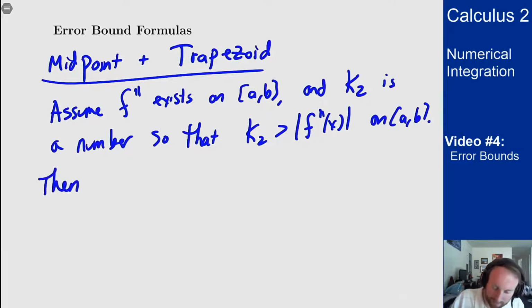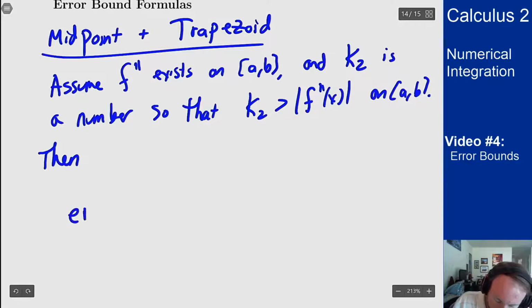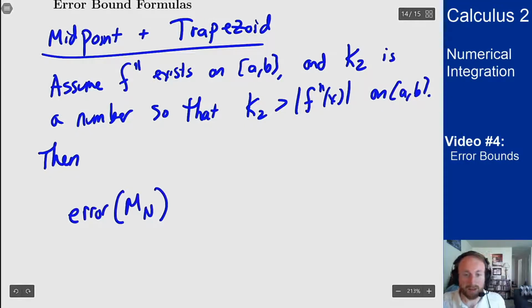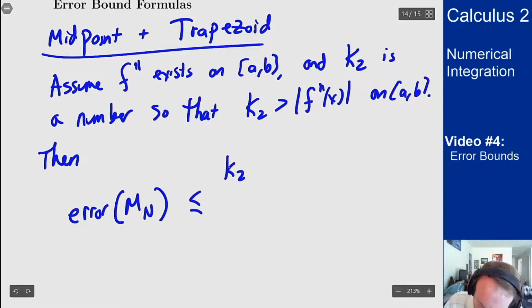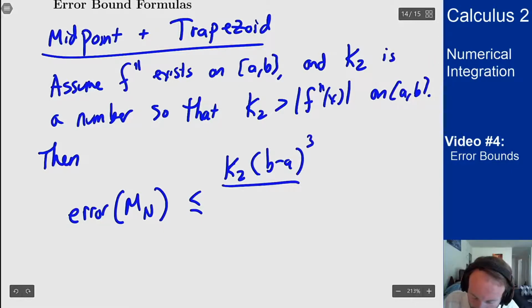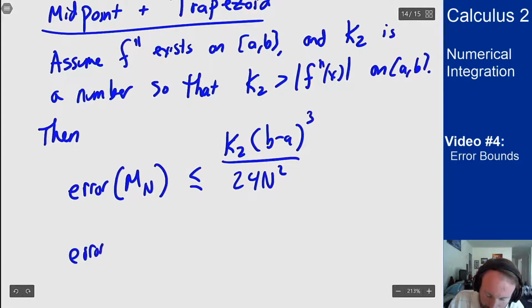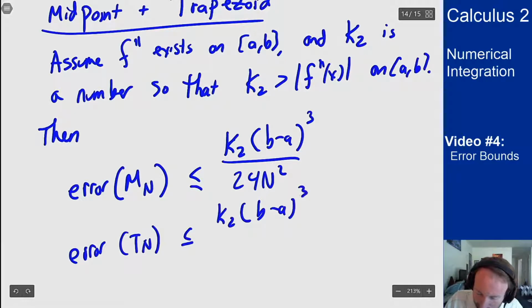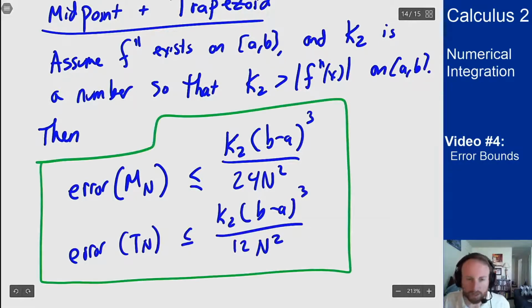Then I can bound the error of M_n, and by that I mean how far off is M_n from the actual integral. I can bound the M_n one by K2 times (b minus a) cubed over 24n squared, and I can bound the error in trapezoids by the same thing, but over 12n squared. We'll talk about what this means in a second.